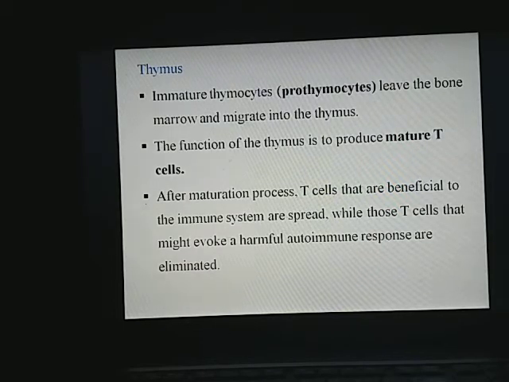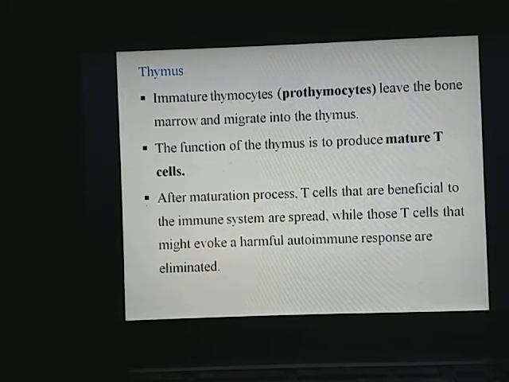After the maturation process, the T cells are beneficial to the immune system and spread throughout the body wherever they are required, while those T cells that might evoke a harmful autoimmune response are eliminated or destroyed.